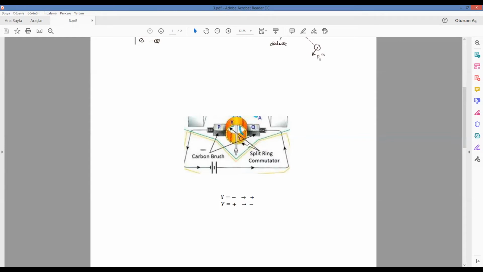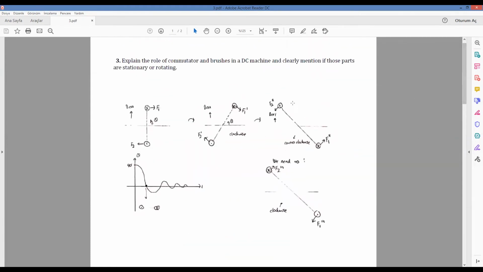By doing this, we always have current into the page on the upper part of the rotor, and current out of the page below the rotor part. As a result, the rotor rotates continuously, if we neglect the leakage powers, of course.